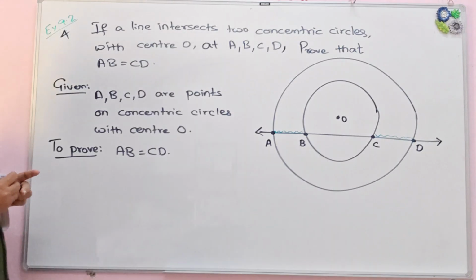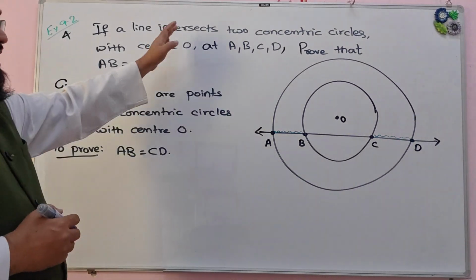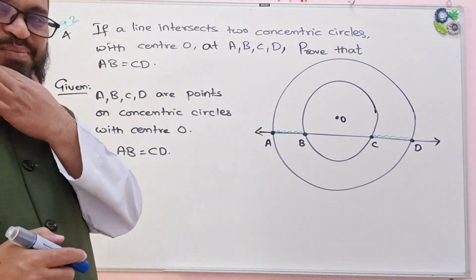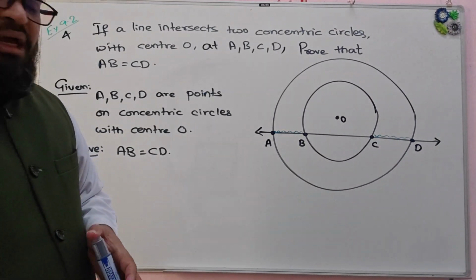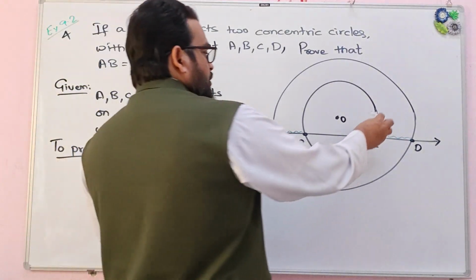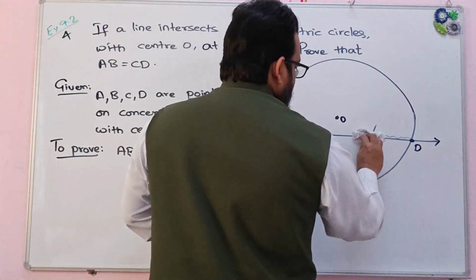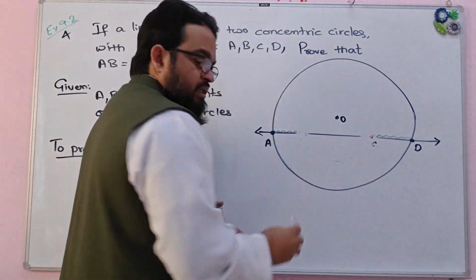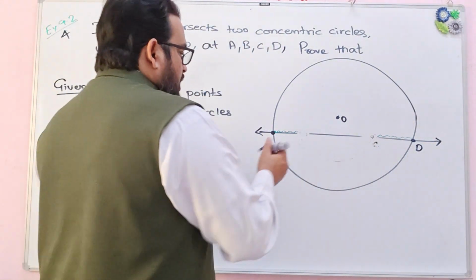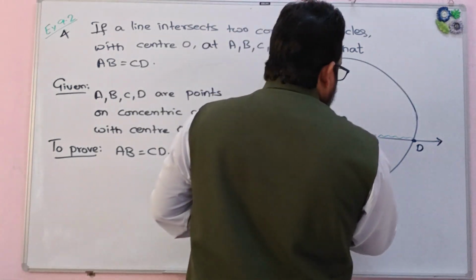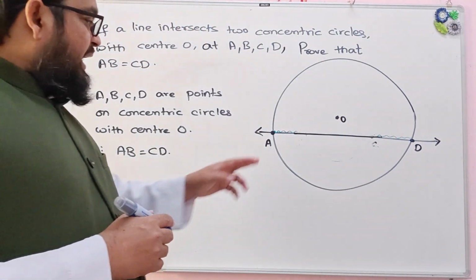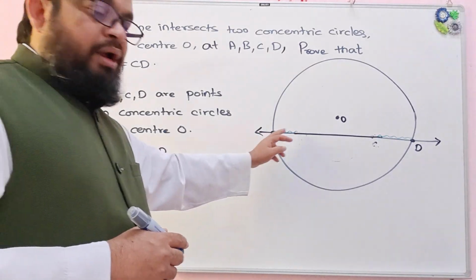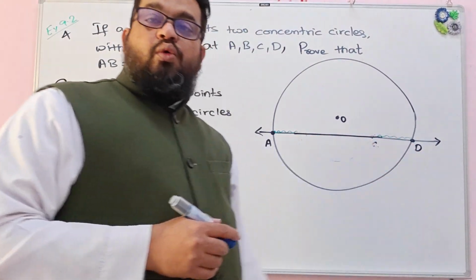Now, when a line intersects, for example, my dear students, if I ignore the center circle, what will you say about AD? The line joining 2 points on the circle, what is it called?